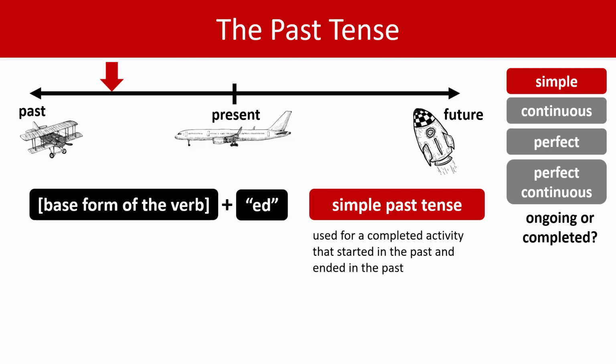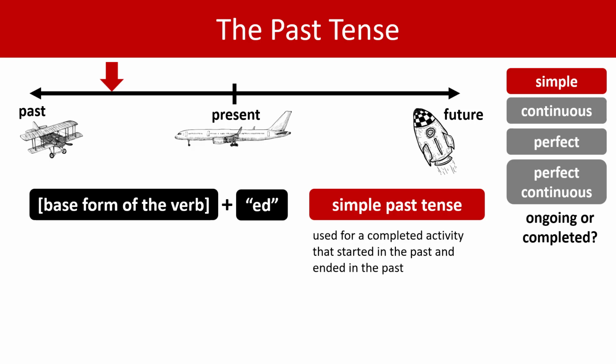What we have to say now is there are other ways of forming the simple past tense. The base form plus ed is for regular verbs, but as you no doubt know, there are lots of exceptions and there are lots of irregular verbs. And a lot of the irregular verbs are very common verbs. And there are some spelling rules to observe as well, so it's not always ed.